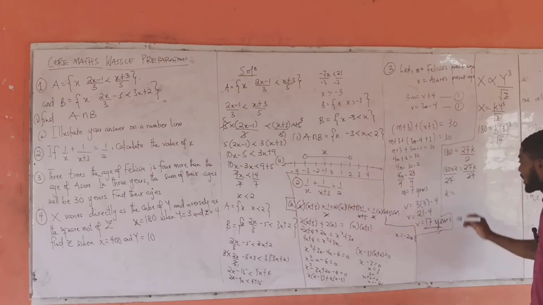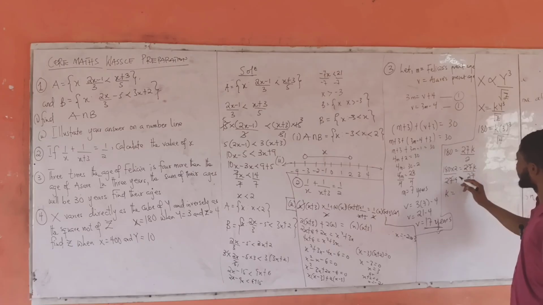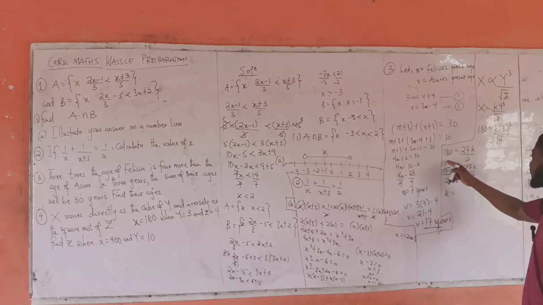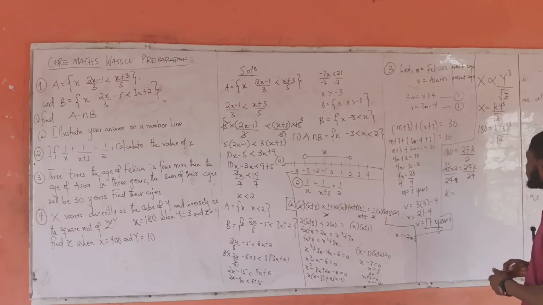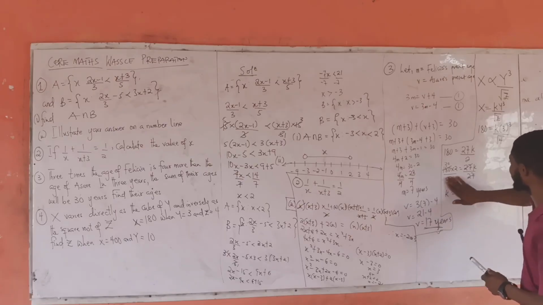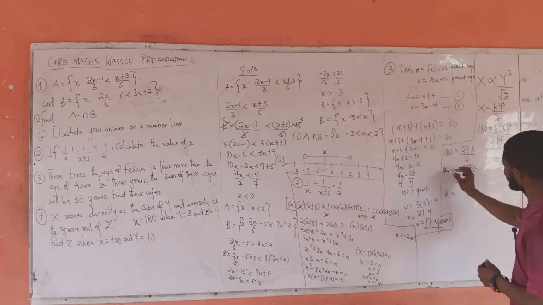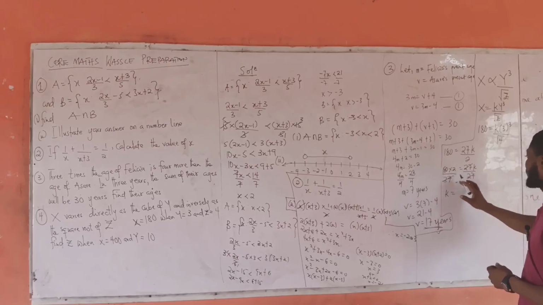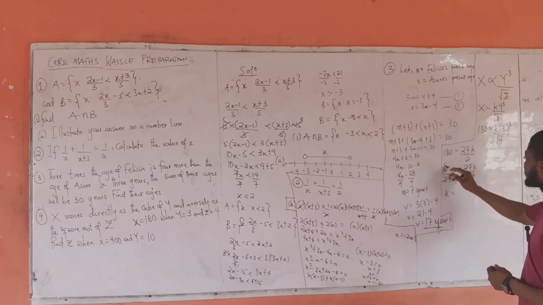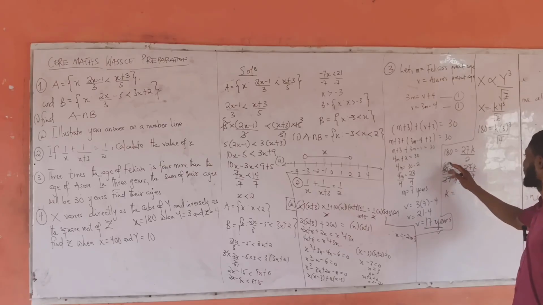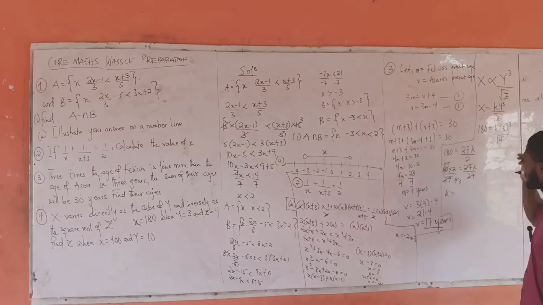Let me take it one after the other. 3 here, 9. 3 here, 60. 3 also into this, that would be 20.